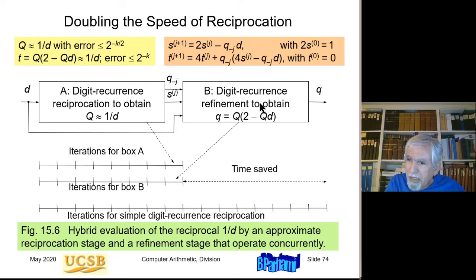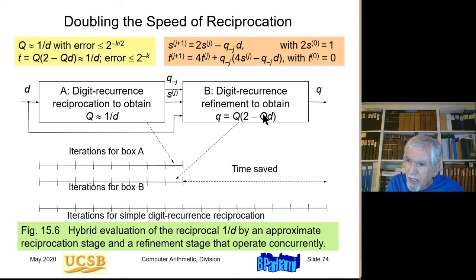And this equation can be computed in parallel with the digits of q emerging from this part, so that the time latency of this part, which is k over 2, completely overlaps with the time latency of this part, which receives the k over 2 digits of q and does k over 2 cycles of refinement.